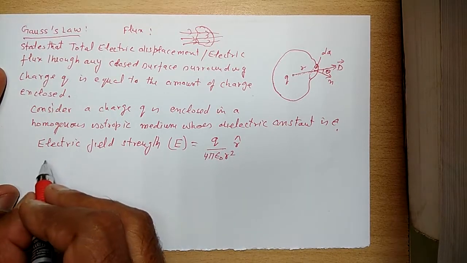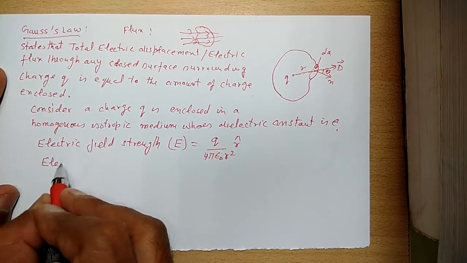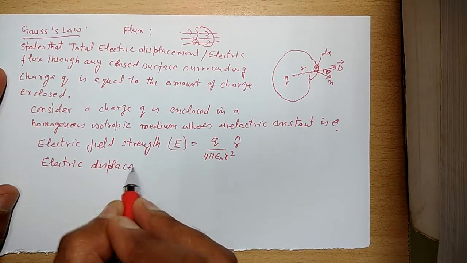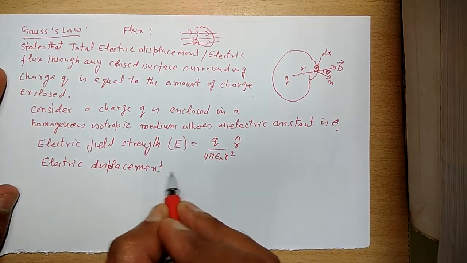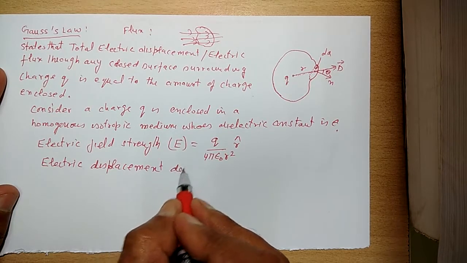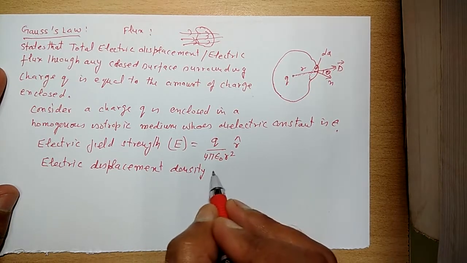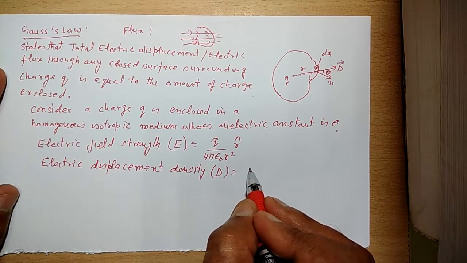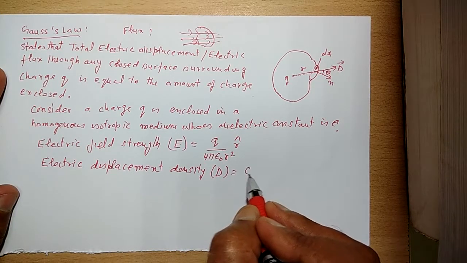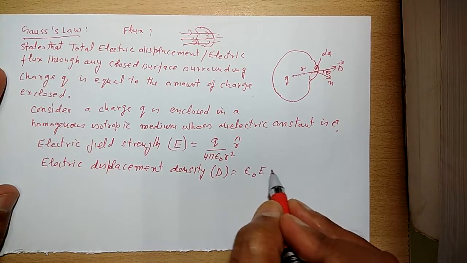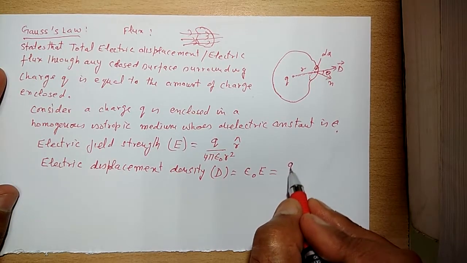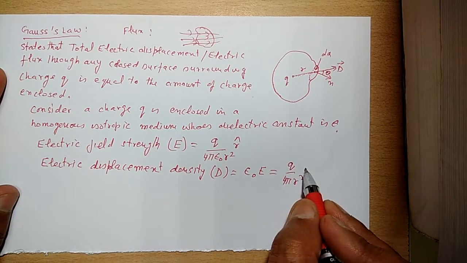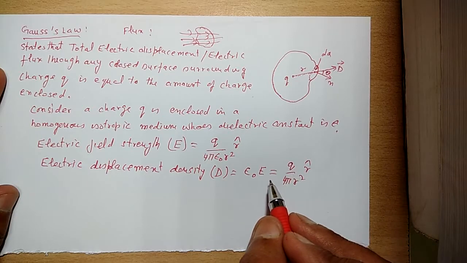And we know that electric displacement density is given by D, D is equal to epsilon naught E, and it comes out to be Q by 4 pi r square, r position vector.